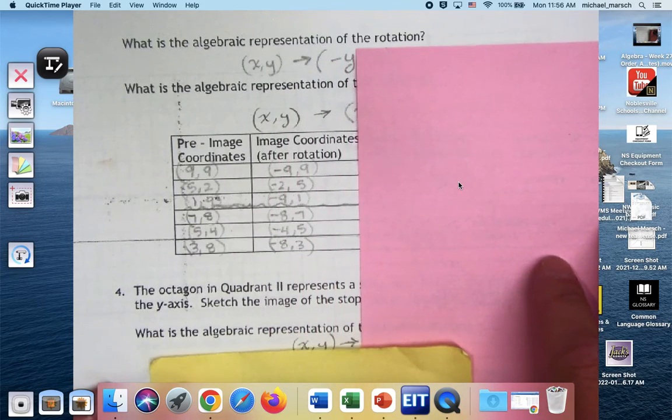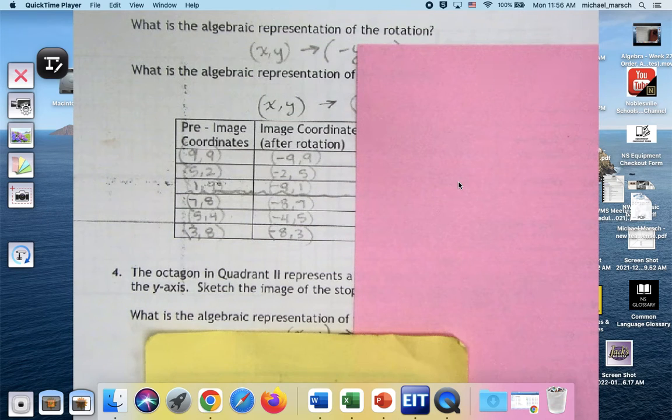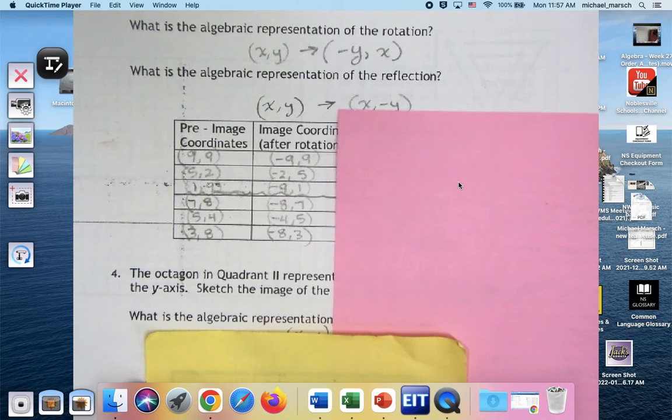So the second column should look like this. The last thing we're going to do is reflect it over the x-axis.